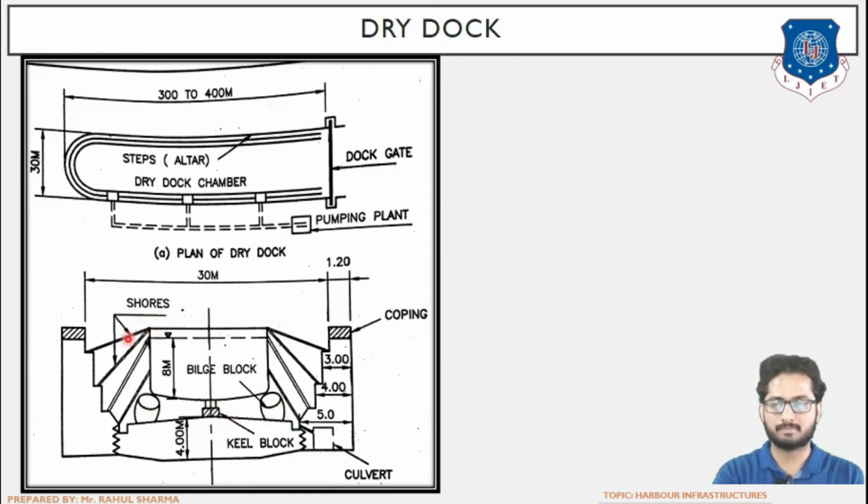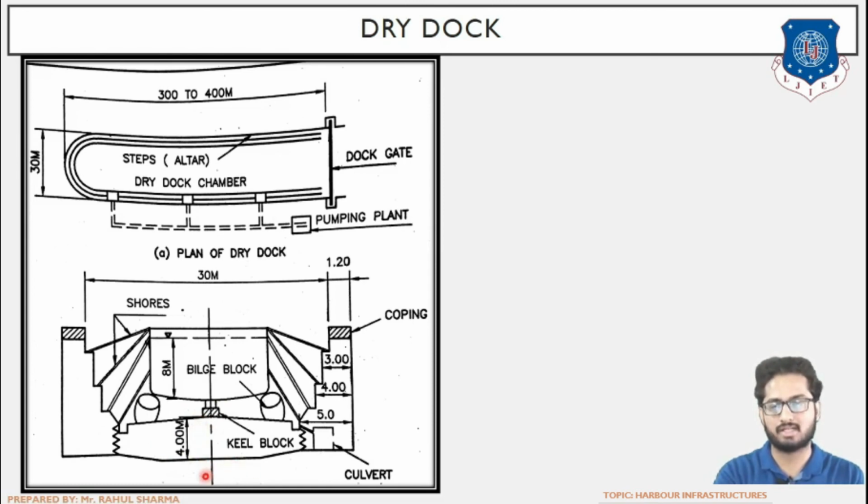Next are shores, which are for support of the body of the ship from the stairs. So basically shores are the wooden members which are provided to take support from the stairs to the body of the ship. Next, the depth or the height has been shown, that is the thickness of the platform, from the bottommost level of the keel block to the level of the platform.